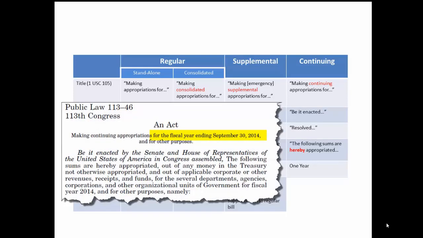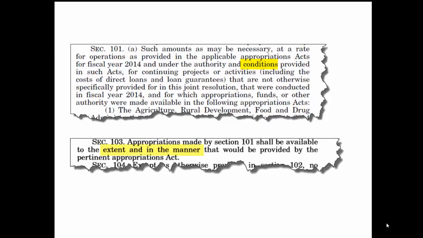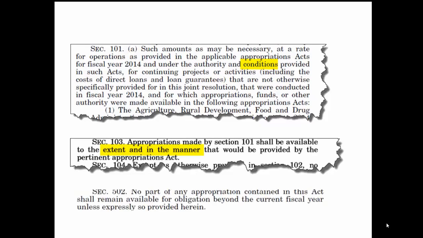To further emphasize the default availability of 1 year, note also that the CR tells us we are under the same conditions and extent and manner as the previous appropriation, including this familiar provision concerning availability.